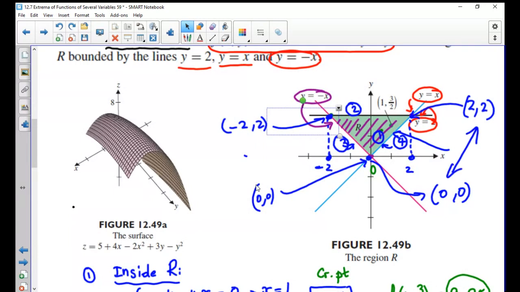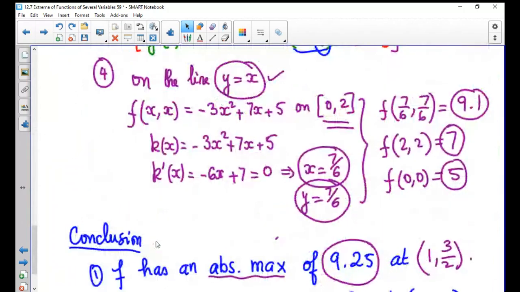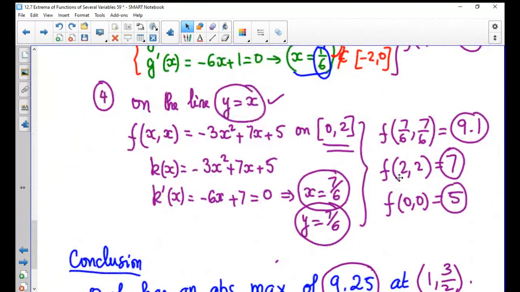So from 0, 0 to 2, 2, but this time we have a critical number in between them. So you need to consider that value also. Does that make sense?